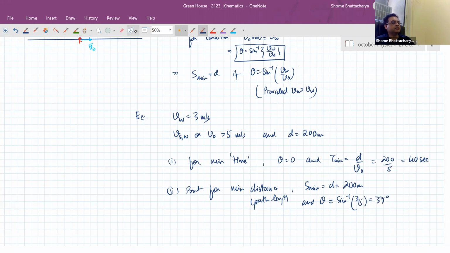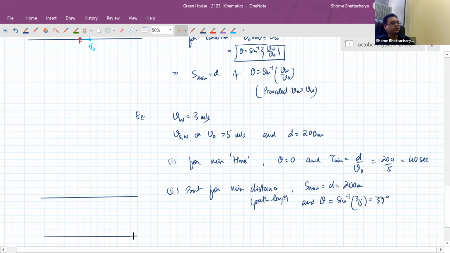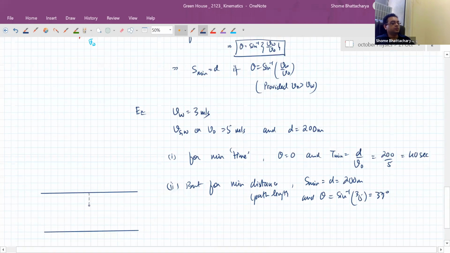So for this second case, he will have to swim at 37 degrees. I'll also show you the time taken will be more. He'll be compromising on time in order for his path length to be minimum. So he will have to swim in a direction which is making 37 degrees with this perpendicular.